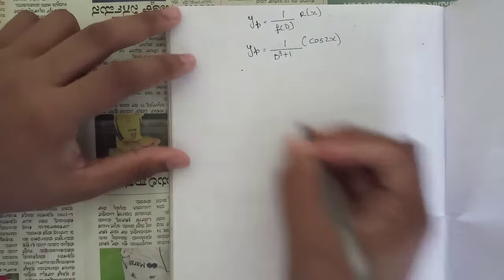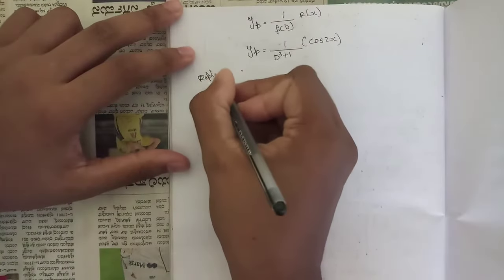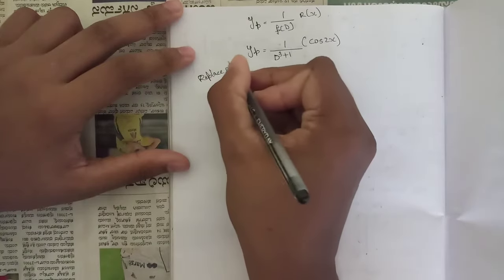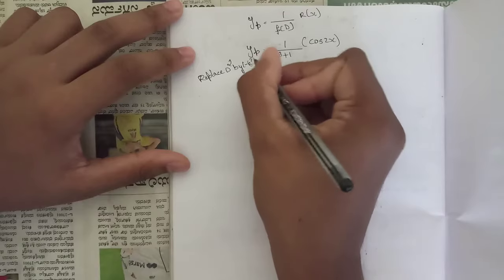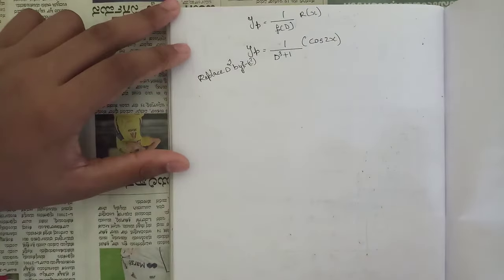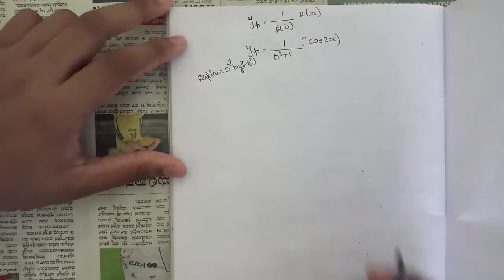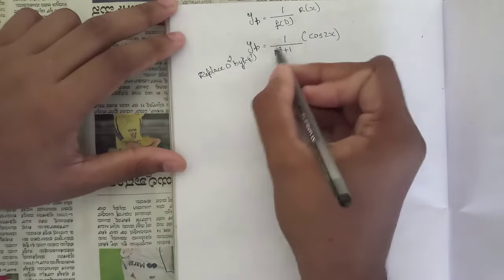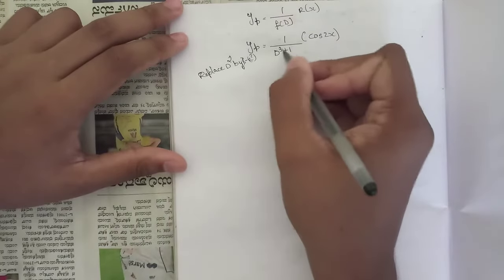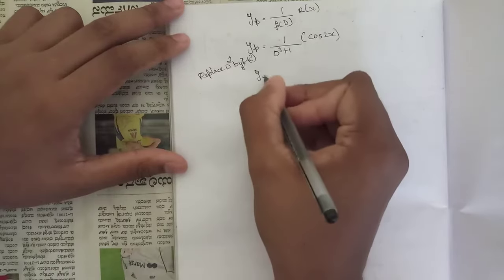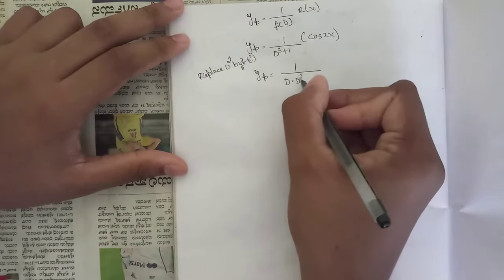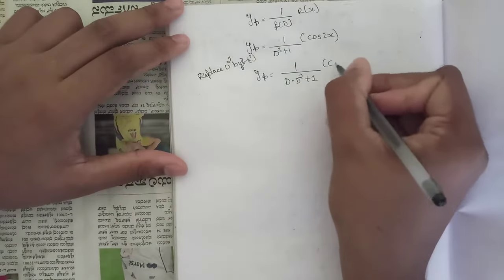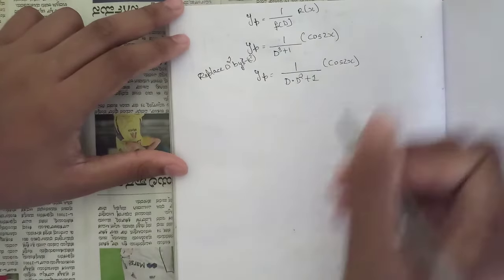Now what we need to do is replace d square by minus of a square. But here we don't have any d square term. So in order to bring the d square term, split this d cube, that is, we can write it as 1 divided by d into d square plus 1 cos 2x.